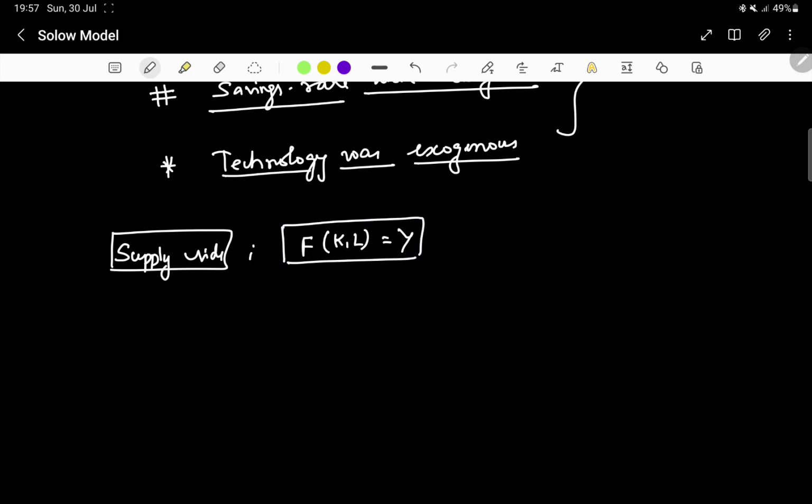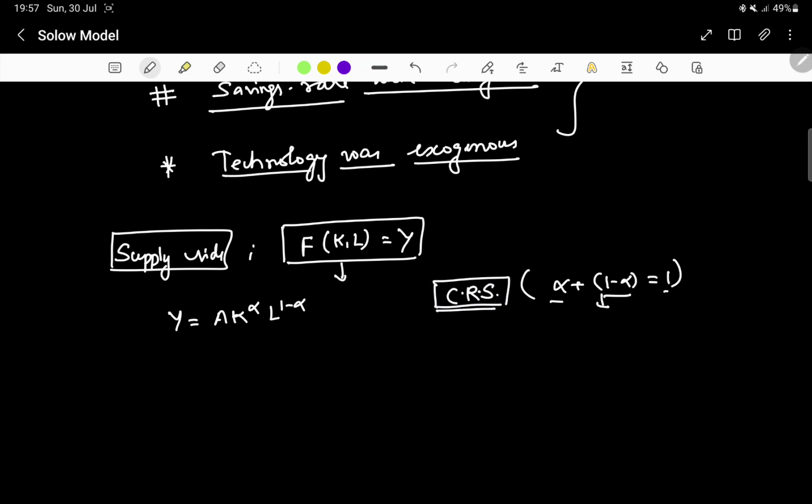So we can change it to this: y is equal to A K alpha L 1 minus alpha. Assume it to be constant returns to scale. Why constant? Because alpha plus 1 minus alpha equals 1, so it shows this is a constant returns to scale model.